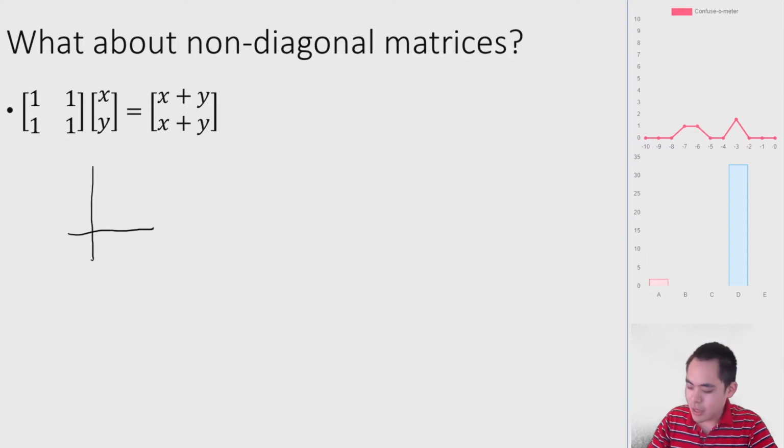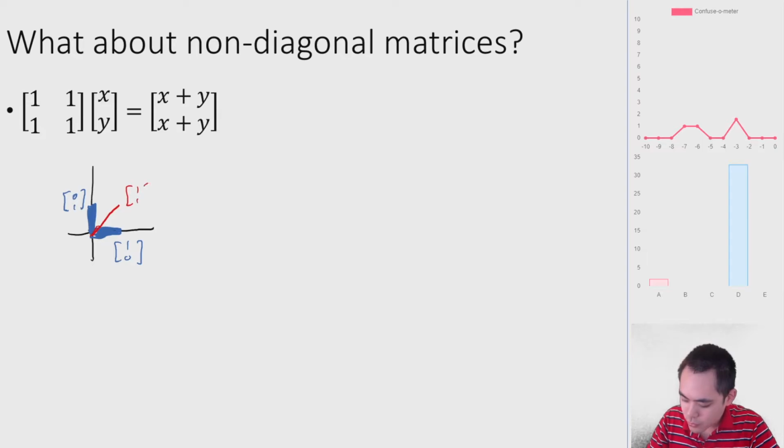So if you have some original vector here, let's say this is the vector 1, 0, and let's say this here is the vector 0, 1. Turns out both of these get sent to the vector 1, 1. Right?